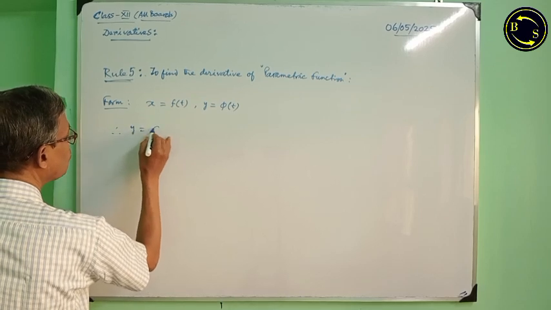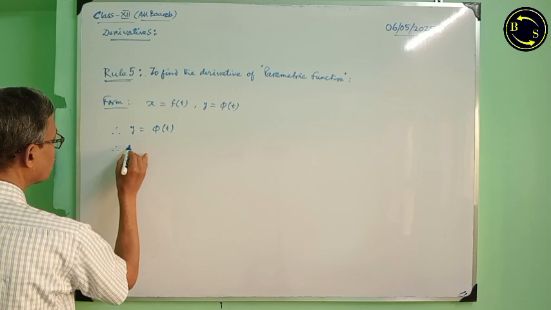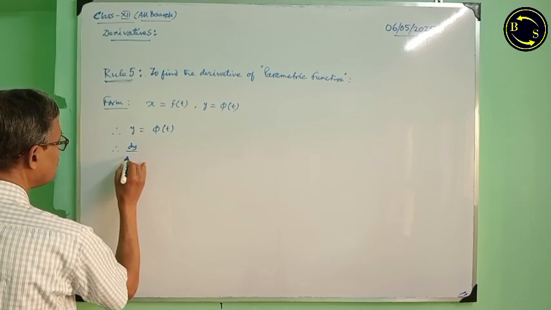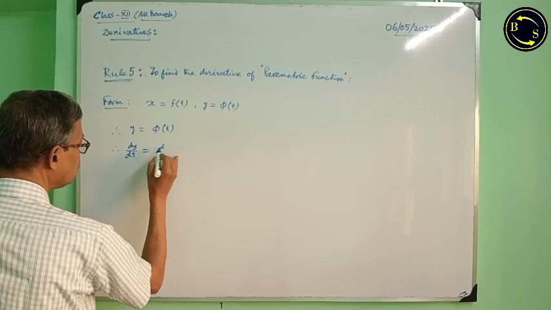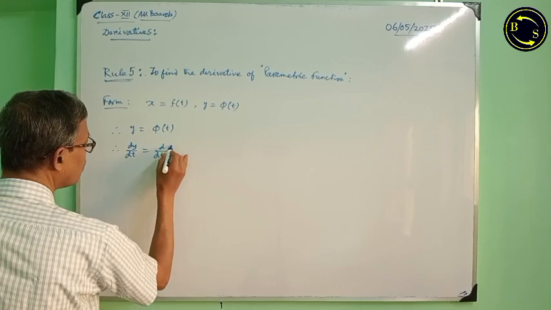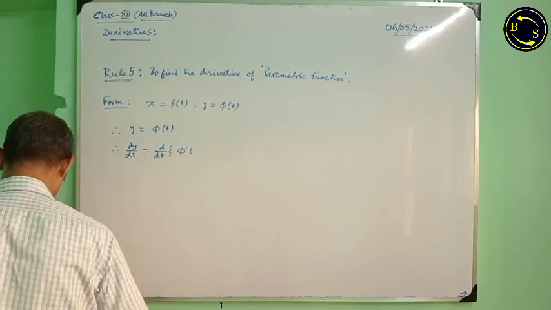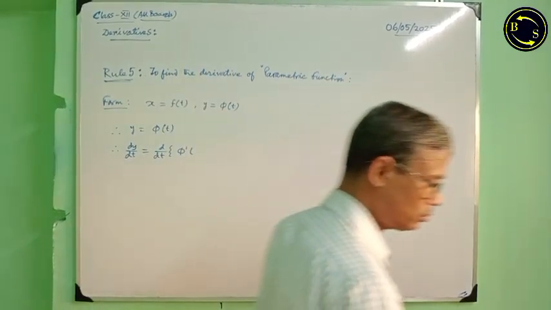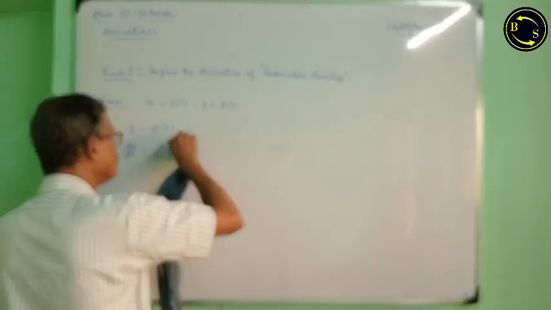y is equal to phi t. Therefore, dy/dt, that is equal to d/dt of phi t.